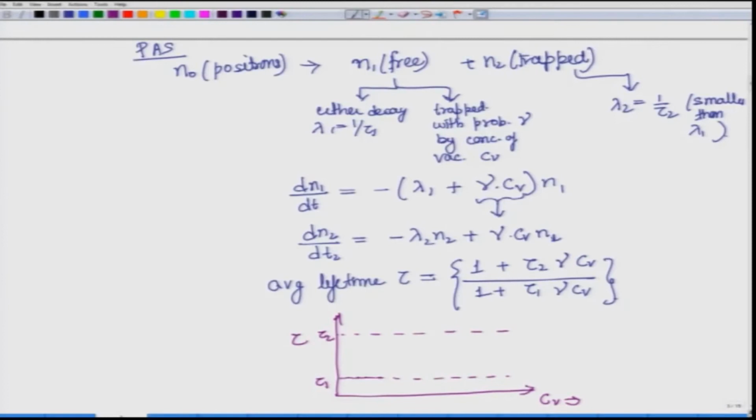So, for some concentration which is very low, let us say almost close to 0, the average lifetime will be equal to tau 1. Now, as you keep increasing the concentration, this will increase, and there will come a time where most of the positrons get trapped, and therefore, the max this will have is lifetime equal to tau 2. So, this is how this plot would look like in general.